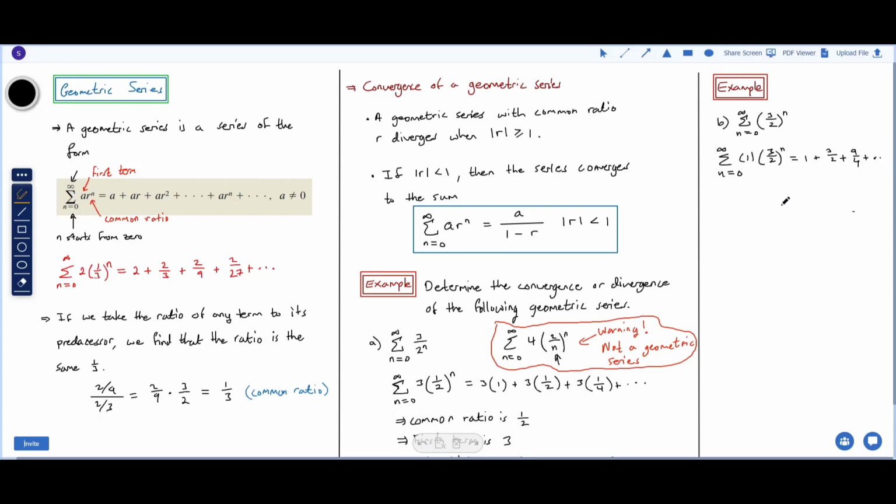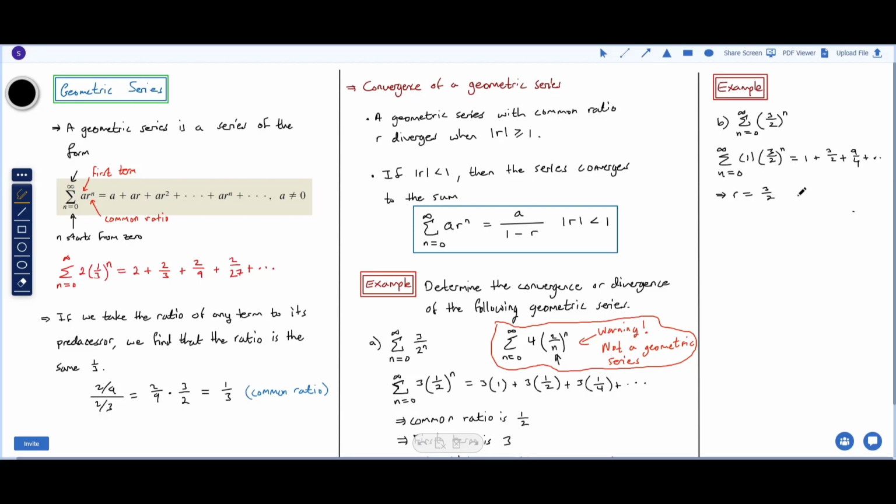So whenever it looks kind of complicated, just plug in maybe 3 terms, and from those 3 terms, you can tell what your leading term should be. Then use the first 2 terms, take their ratio, and see what that is. That'll give you the common ratio. So we're going to say our common ratio here is 3 over 2, so r is equal to 3 over 2.